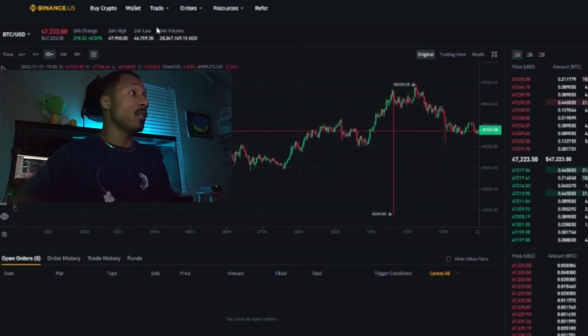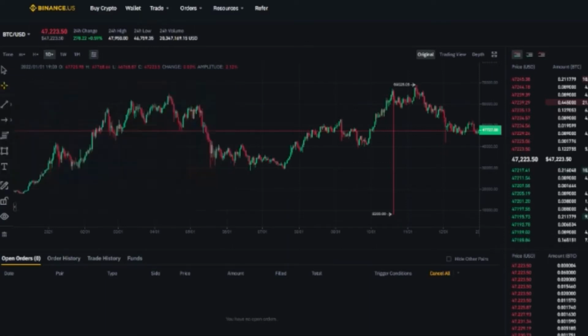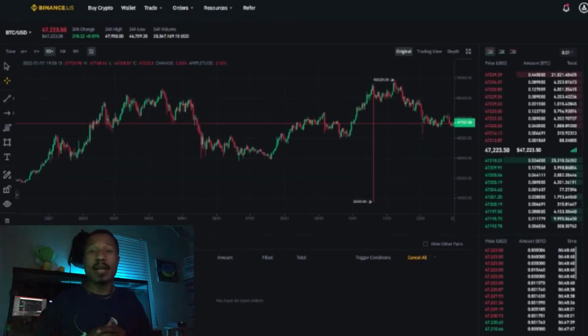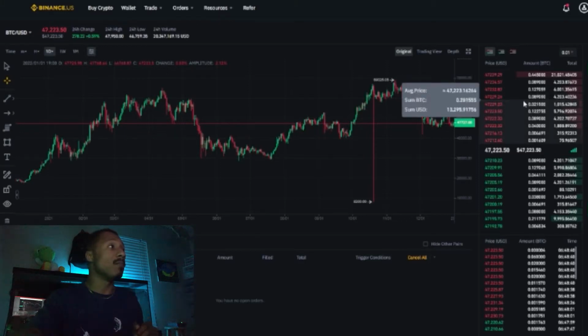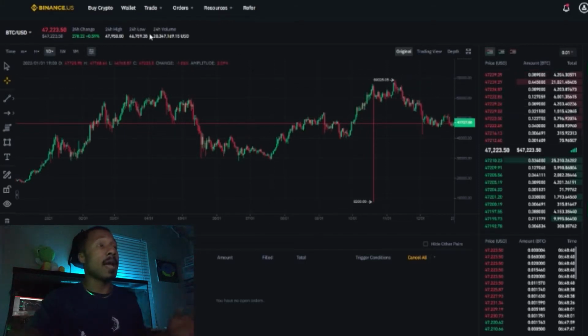But anyways, we're looking at the 24-hour volume now. Volume, guys, we're going to go over in a minute. The easiest way I can explain volume is the amount of money that's flowing in and out of a specific asset. Let's say you want to buy Bitcoin. This volume is the amount of money that's been going into Bitcoin in the past 24 hours.